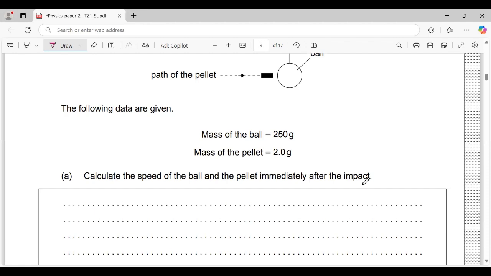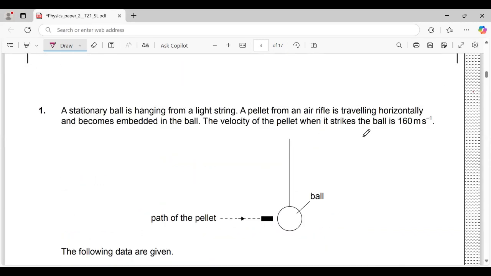Okay, so I would like to convert grams to kilograms. The ball becomes 0.25 kg, and the pellet becomes 0.002 kg, while the velocity of the pellet is 160 meters per second according to this information.